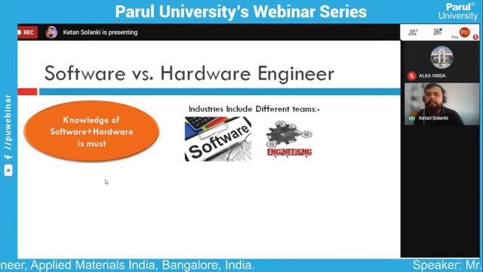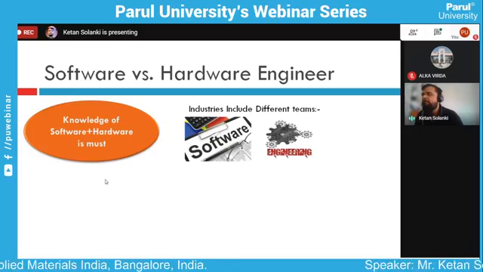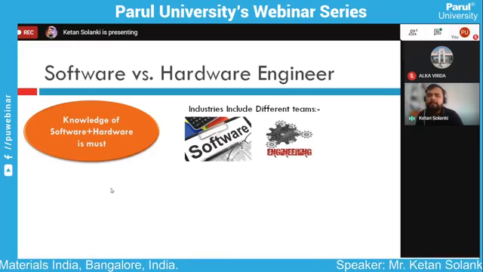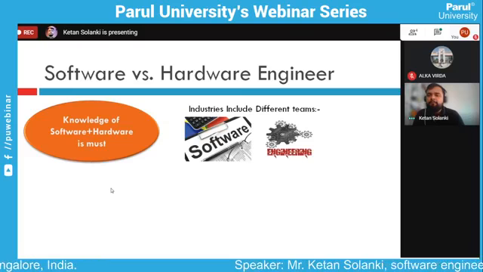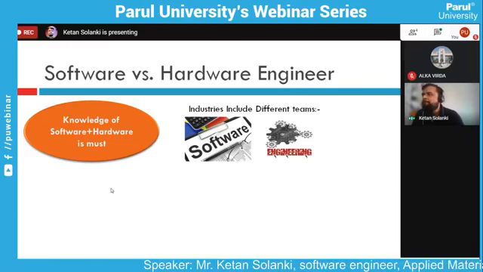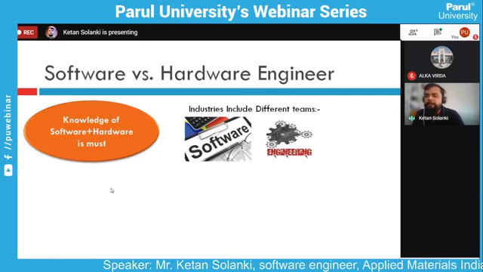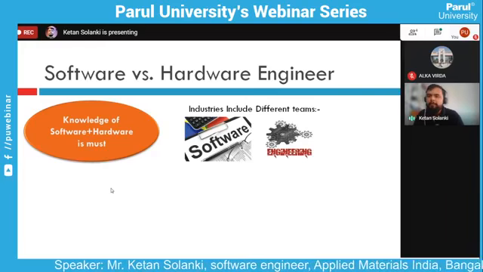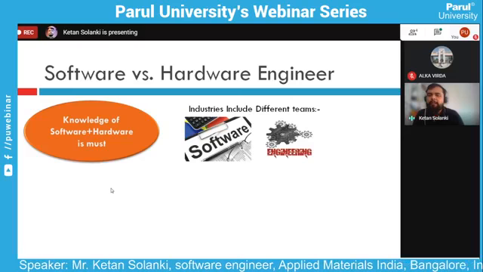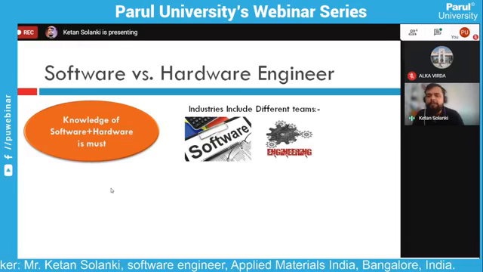Then we have the engineering team, which covers the entire hardware side, the entire branch of mechanical, civil, electrical, or instrumentation and control. All these branch engineers come under the engineering group.